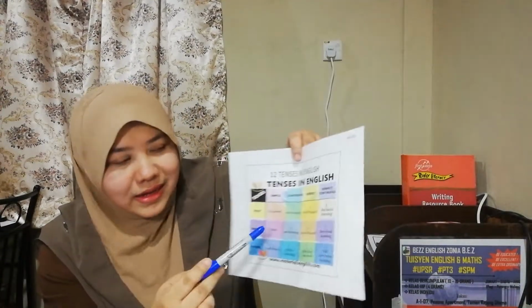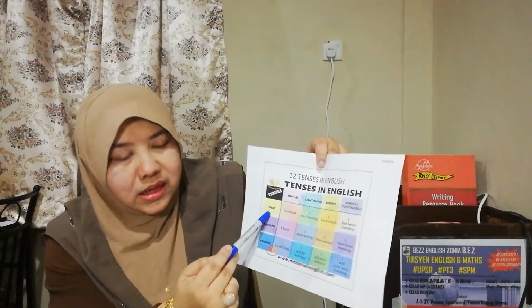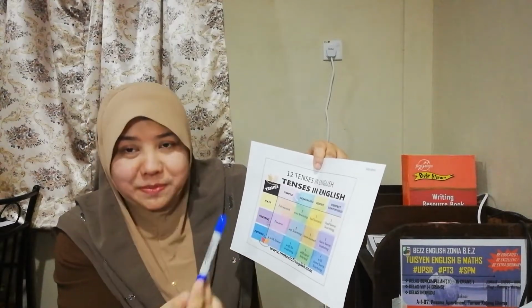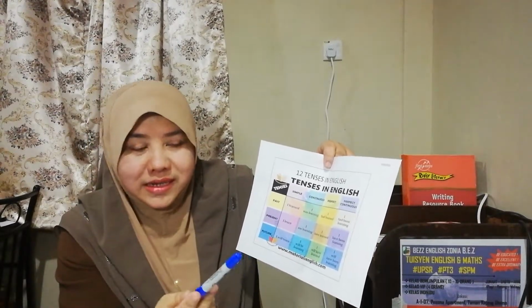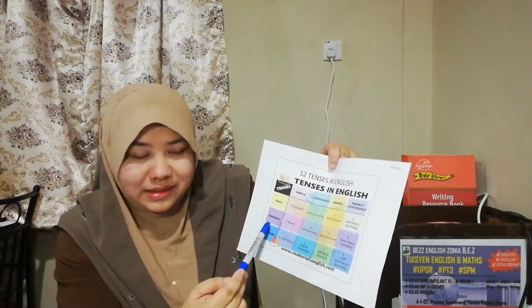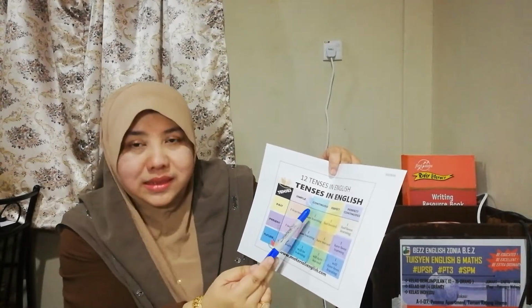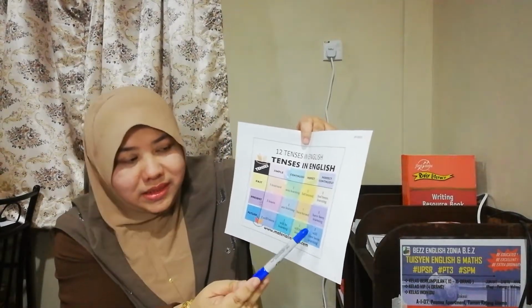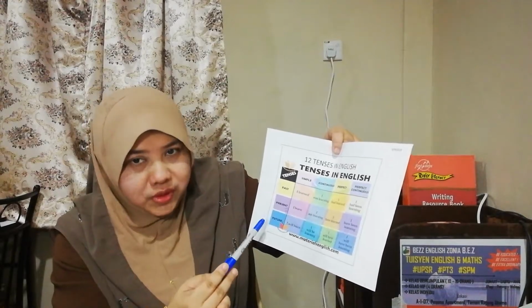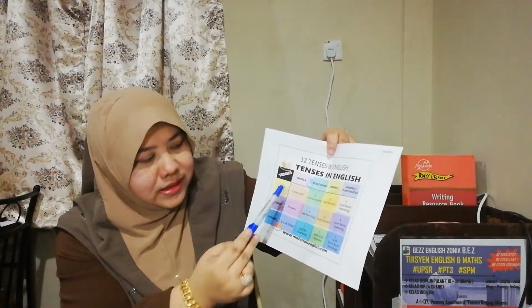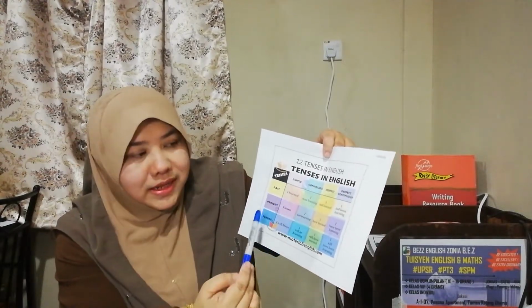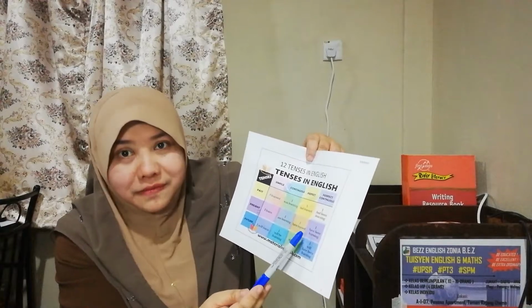I just tell you briefly, the 12 tenses comprise simple past tense, doesn't matter if you cannot see this clearly. Simple past tense, past continuous, past perfect tense, past perfect continuous, and simple present tense, present continuous, present perfect, present perfect continuous, and there is also the future tense family: simple future, future continuous, future perfect tense, and also future perfect continuous.